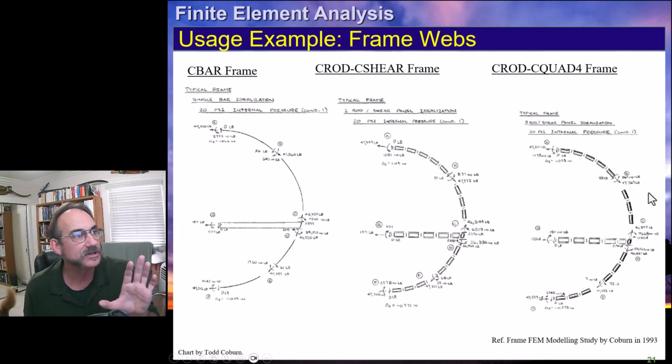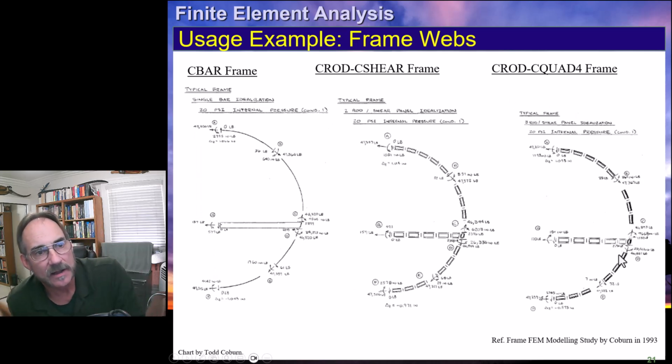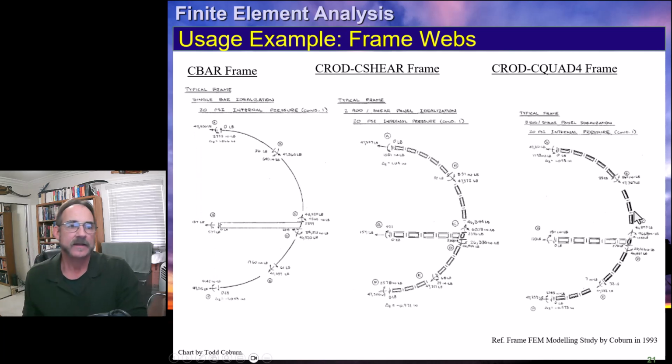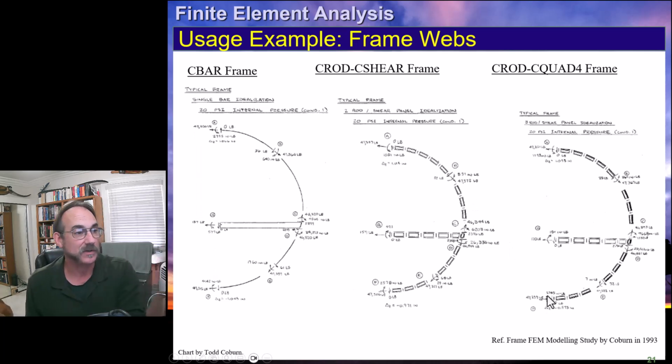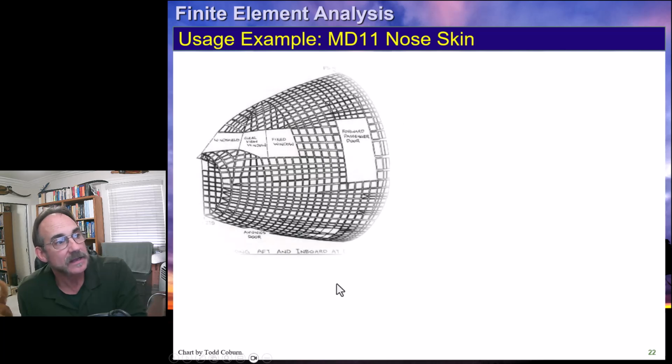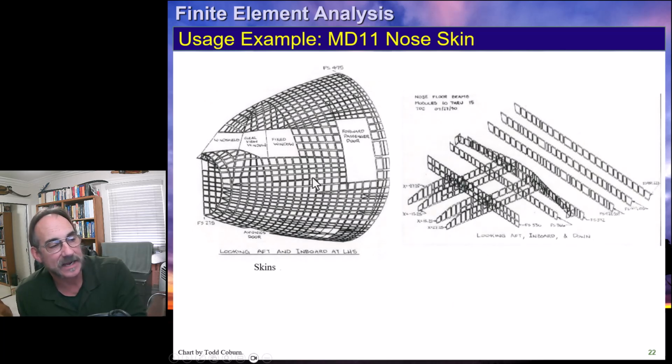This particular study was run back in the early 90s. And I did these kind of studies both with McDonnell Douglas's CASD program and also with NASTRAN. This is that nose model I created back around the same period of time.